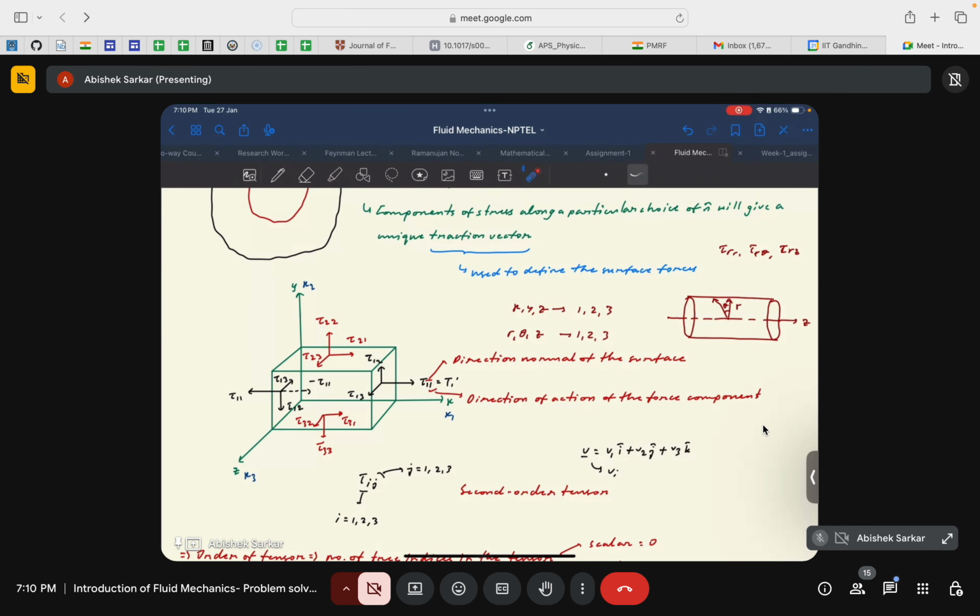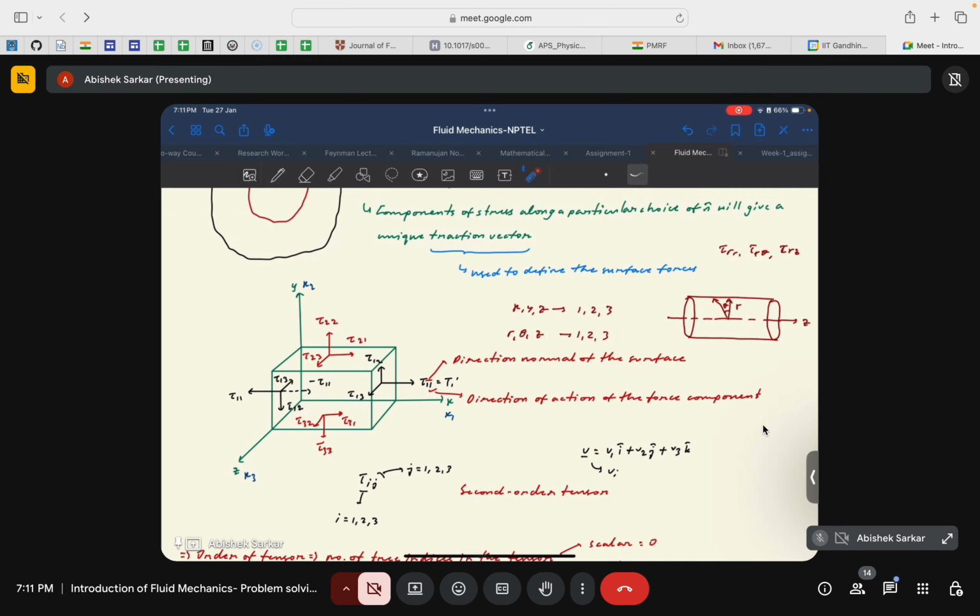Okay, and similarly along the y direction you will have components acting like, tau 22, tau 12, and tau 32 actually.